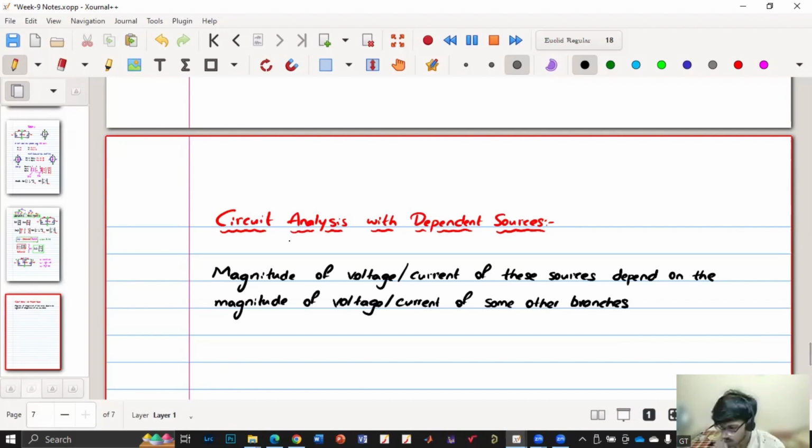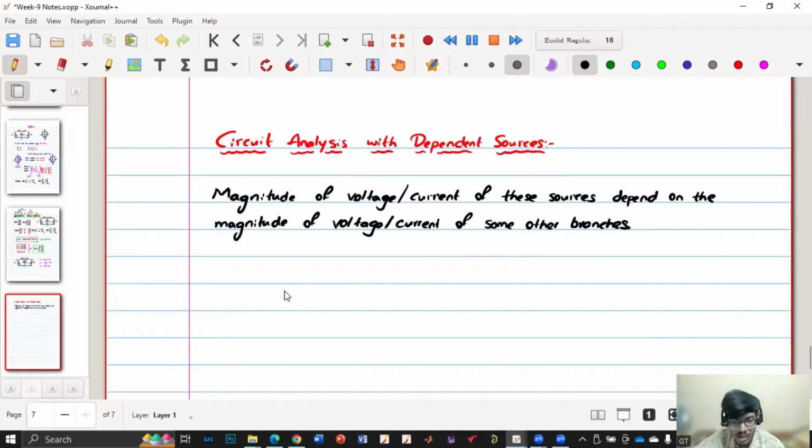So this is just a very rudimentary definition, but we'll see how to solve such equations by considering a few examples. There are different examples, like any transistor.